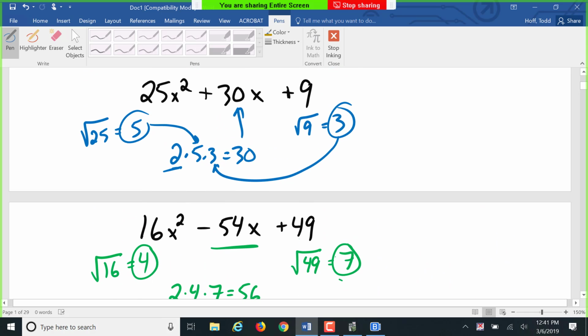Whereas if we went up here, this is a perfect square trinomial. The square root of the 25x squared was 5x. Square root of the 9 is 3. That's positive, so it's just 5x plus 3 squared. Does that make sense?